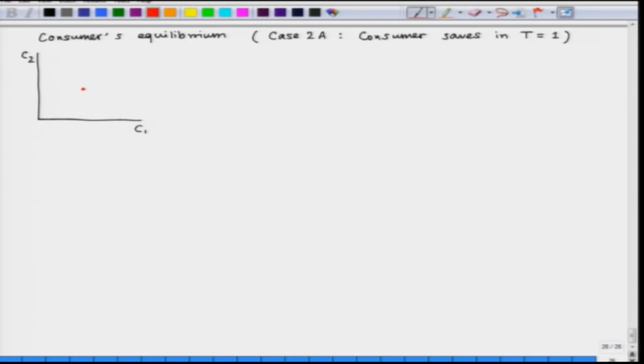Let us assume that here is our endowment, denoted by point E, and that represents fixed money income in period 1 and period 2. M1 and M2 are the coordinates of the endowment point.